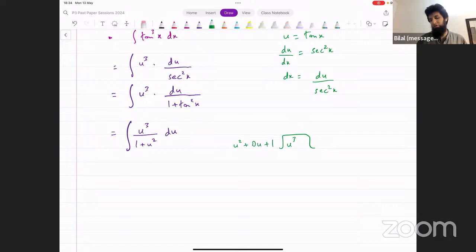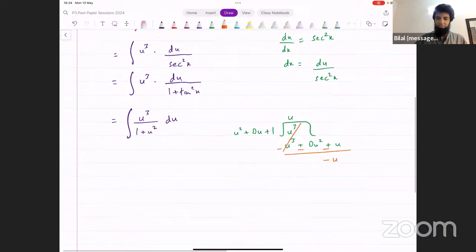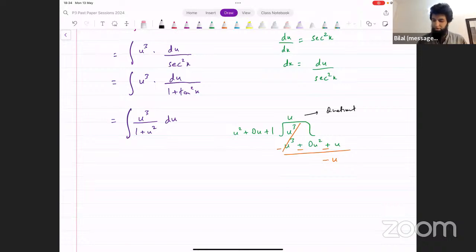U square into what is going to give us u cube? U into that whole thing, that is u cube plus 0u squared plus u, change the signs, minus, minus, minus, this gets cancelled, and we are left with minus u, and that's the remainder. This is the quotient, and this is the remainder.